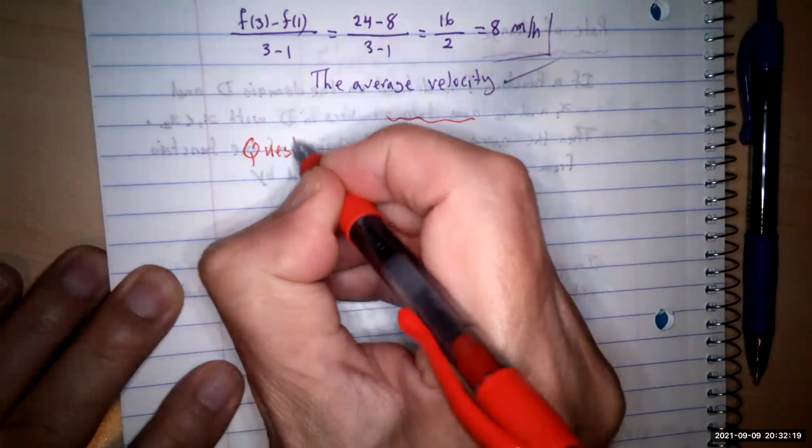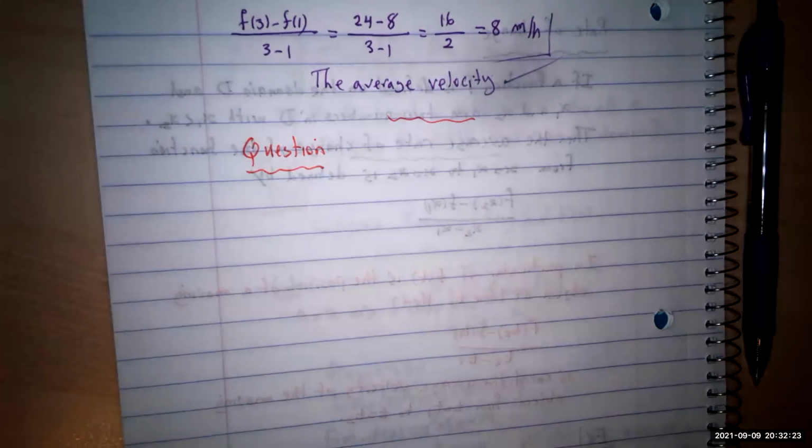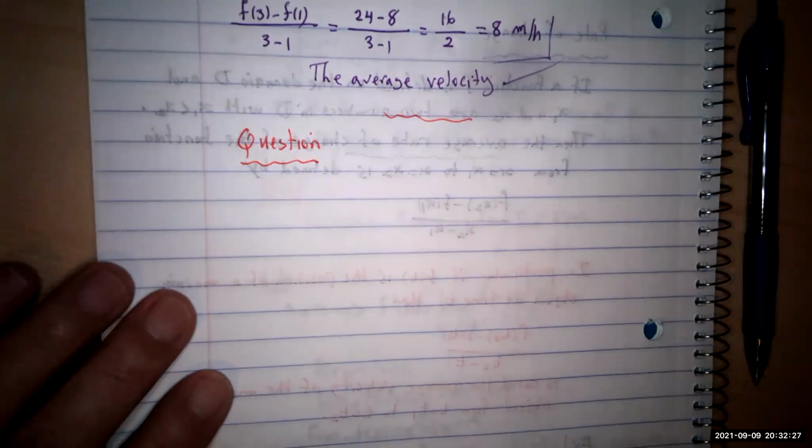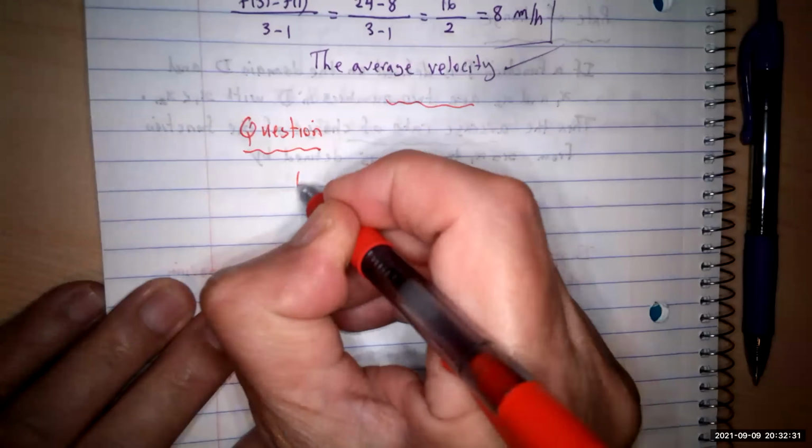Again, we want to motivate this subject as best as we can. That would be very useful for you to understand the rest of the course. Okay, so what's the question?